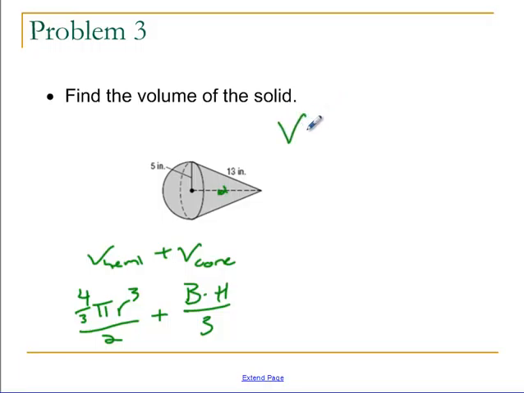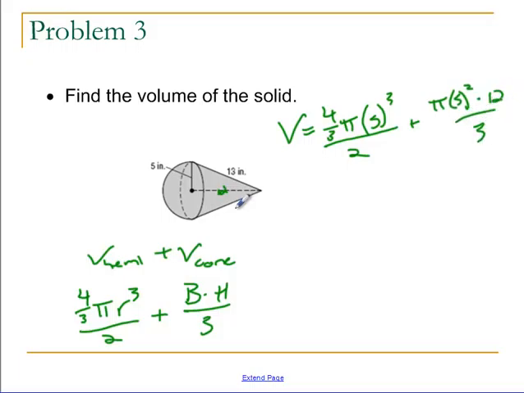So the total volume is 4/3 pi, now let's take r cubed, 5 cubed, all divided by 2, because it's half of a sphere, plus area of the base, well that's a circle, so pi r squared times my height, which is 12, divided by 3.